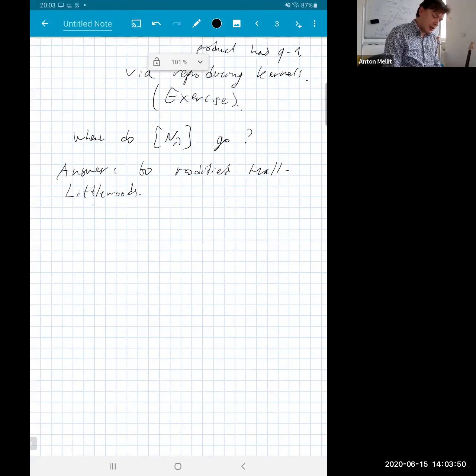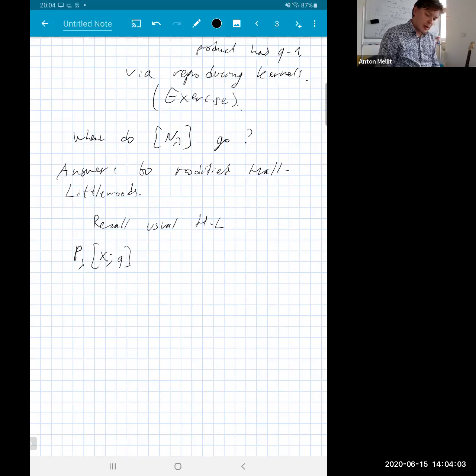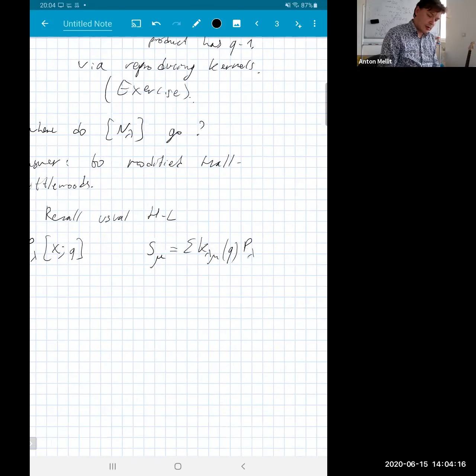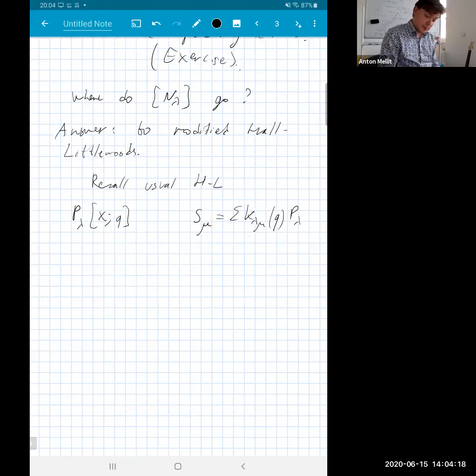If you studied the usual Hall-Littlewood polynomials, recall the usual Hall-Littlewoods are P lambda of q, and they were such that if you expand Schurs in terms of them, you get some q-Kostka numbers.